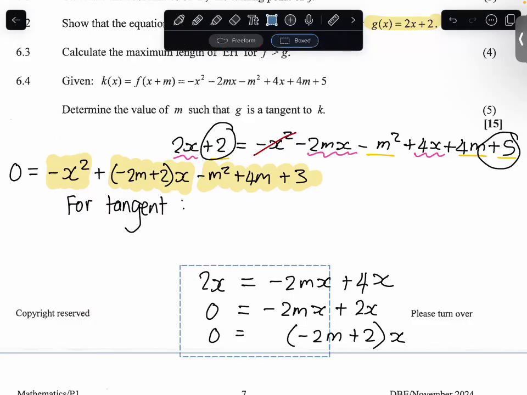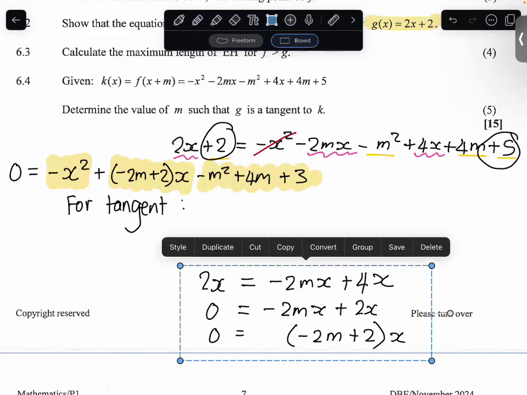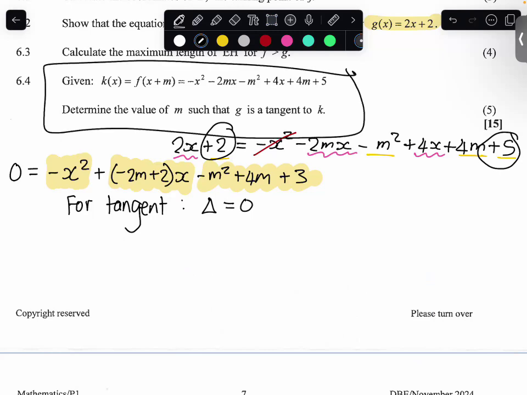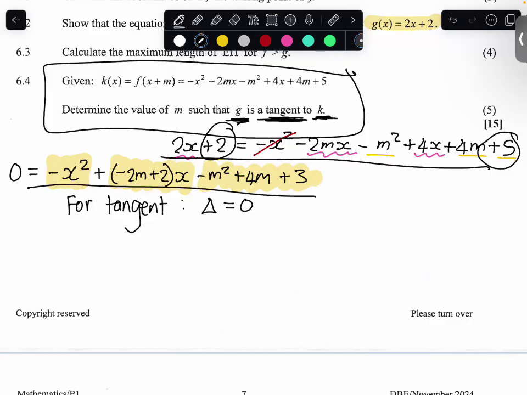For it to be a tangent, delta must be equal to 0. So this question can come 3 different ways. It can say such that g is a tangent to k. It can come such that g is a secant to k, such that g is an exterior line to k. 3 different ways.